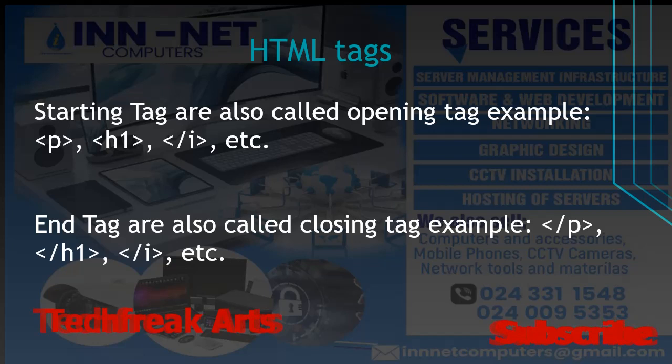For example, you have the p tag, the h1, then the i tag. The p tag is for paragraphs. The h1 is for headers. Then the i is for italic. There are more. Now let's talk about the end tag. The end tags are also known as the closing tags. We have the paragraph closing, that's the p tag. Then we also have the h1 closing. Then the i tag, which is also the closing.